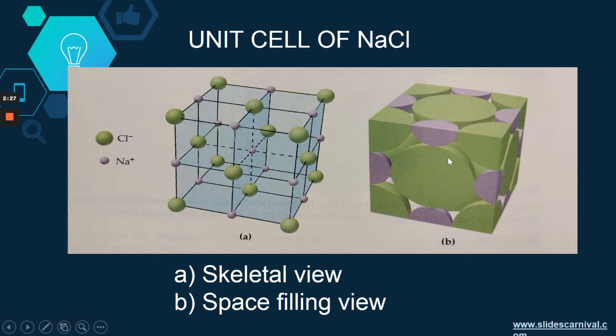In this case, it is necessary that the unit cell of an ionic substance be electrically neutral, with equal numbers of positive and negative charge.